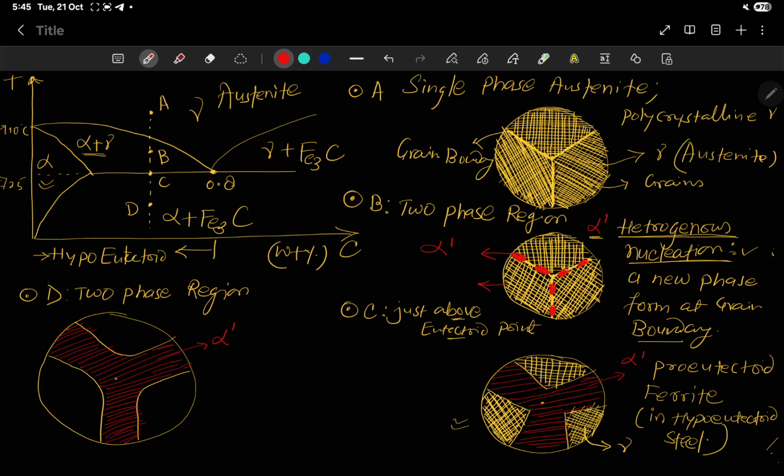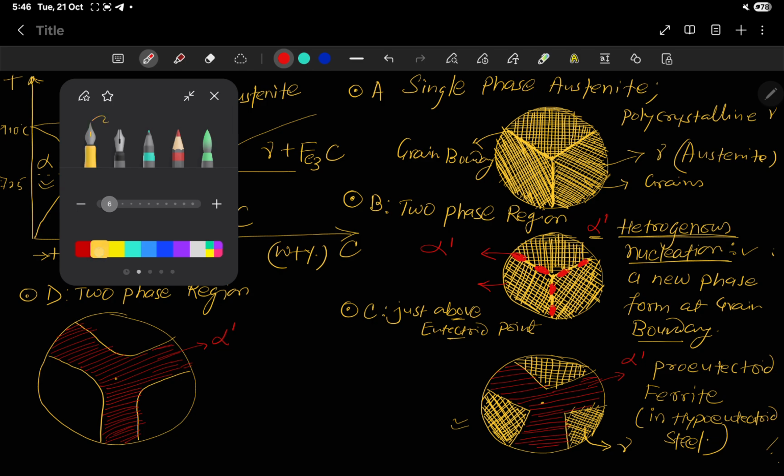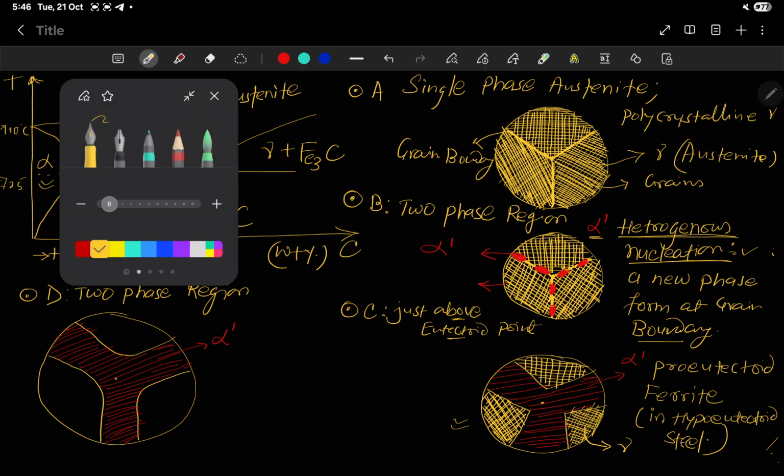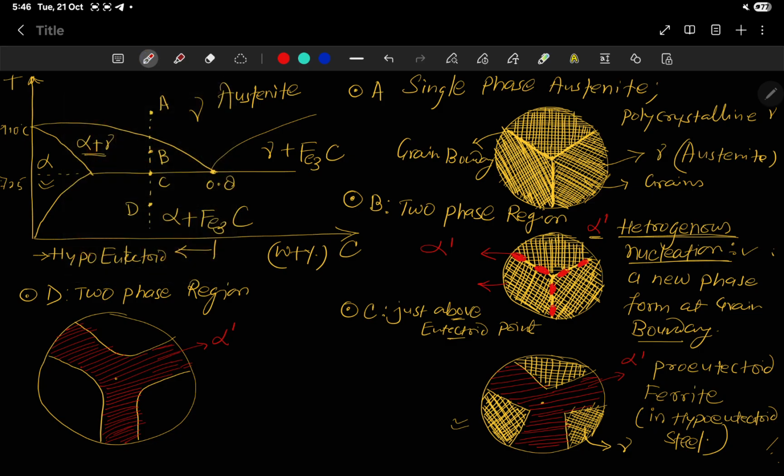What we have named it, this is named as pro-eutectoid steel. And this region, we came in Fe3C region.